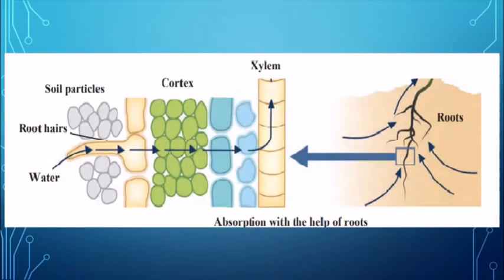Now, as a pressure is created, under the effect of this pressure the water and the minerals reach the xylem from the roots through the root cells. And to reduce this difference in concentration, they are continuously pushed forward, moving from each cell to the next, and as a result there is always a continuous movement of water.